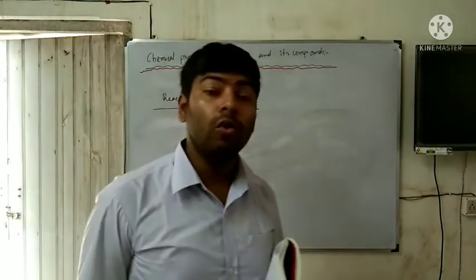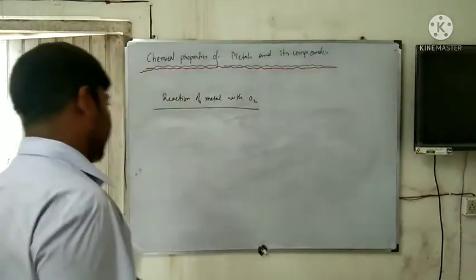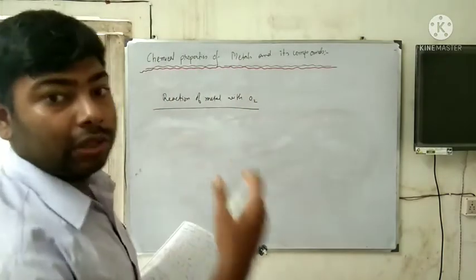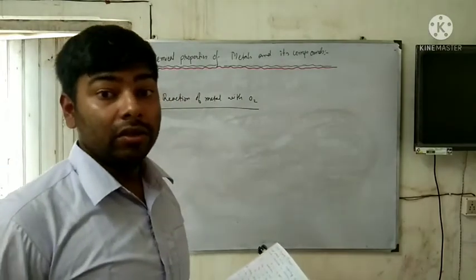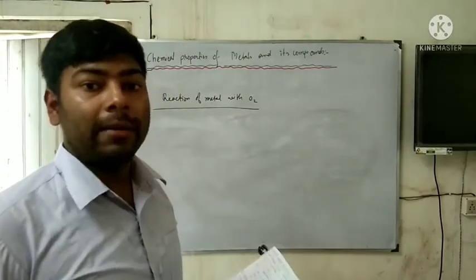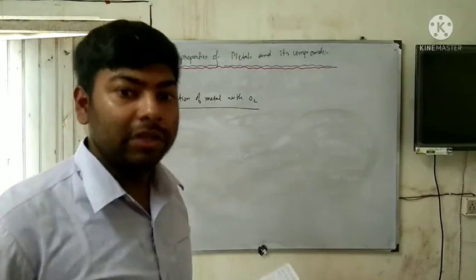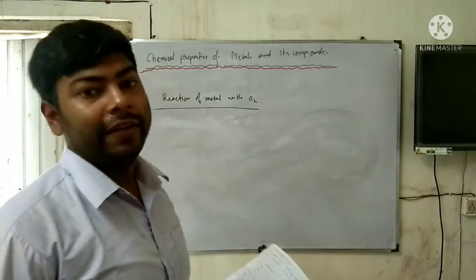Suppose it is mercury, gold, platinum, these are not reactive. But the metals given, sodium, potassium, aluminum, zinc, copper, have the ability to react with oxygen very easily.